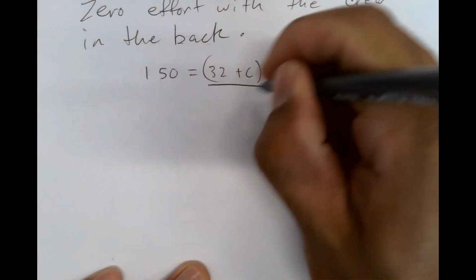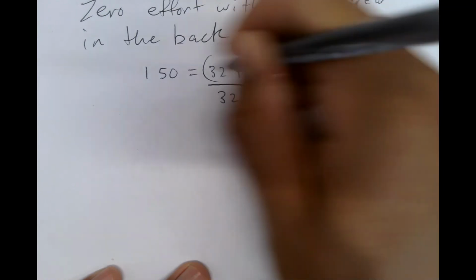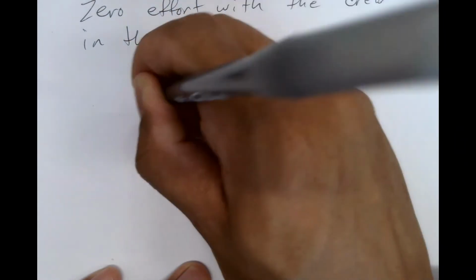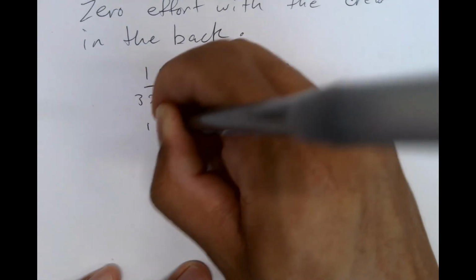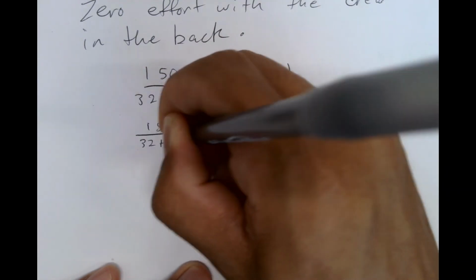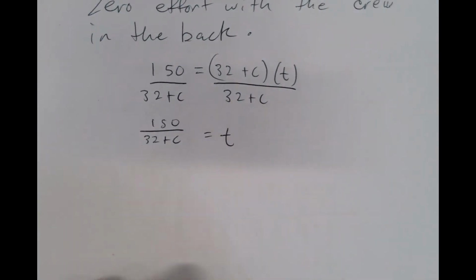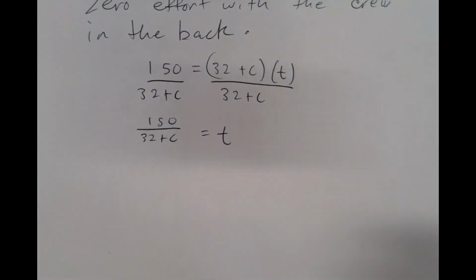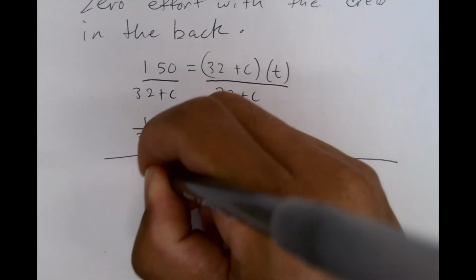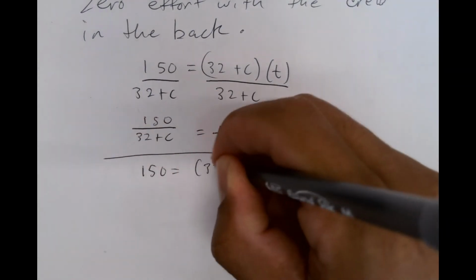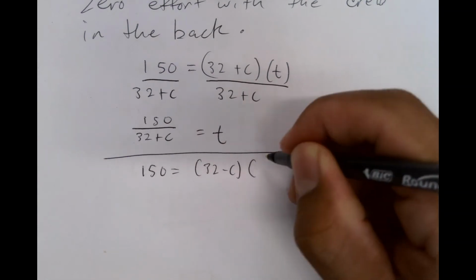So for my first equation, I tried to isolate t, and I got t is equal to 150 divided by 32 plus c. Okay, so now I'm looking for c. So this is my first equation. My second equation, I have 150 is equal to 32 minus c times 10 minus t.